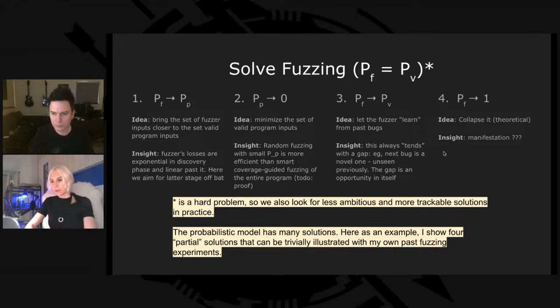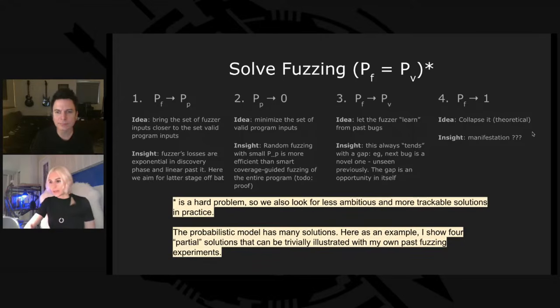And lastly, the fourth idea is to try to collapse the probability distribution of the fuzzer to one, to just finding the vulnerability. This is a completely crazy idea. It's theoretical, but it seems like it works sometimes based on human consciousness alone.